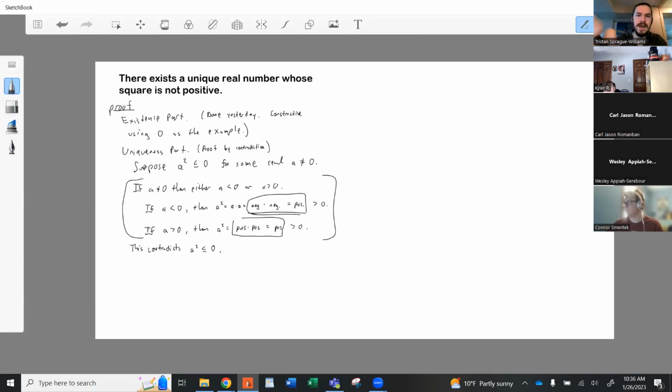Any questions? Otherwise we can move on to another example. We've been talking about proving existence, looking at examples of using contradiction, proving uniqueness, using cases.